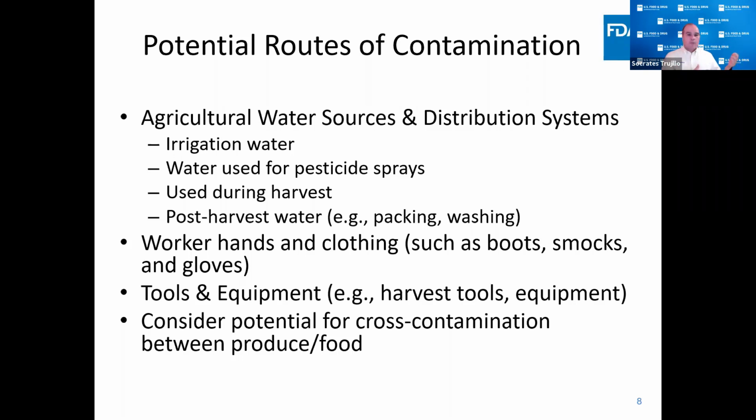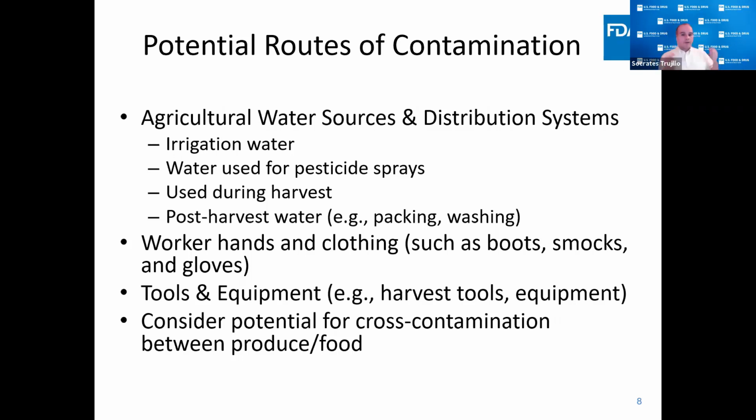Because they could be coming from a place where this organism may be present, like in their houses, when people are living commingled in an environment with a lot of individuals, where one of them may be sick and not have good hygiene, and arrive to work with soiled clothes. That's something we need to pay attention to.